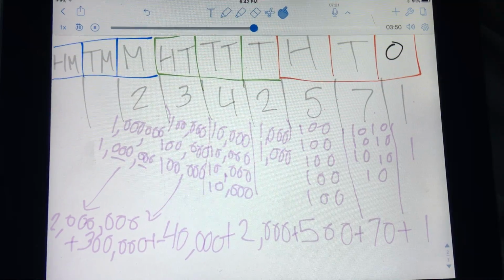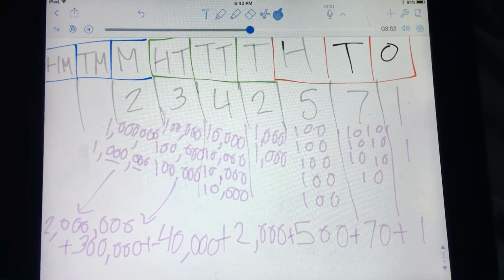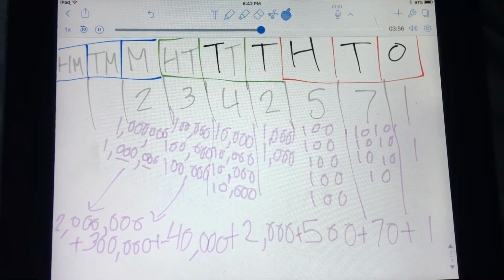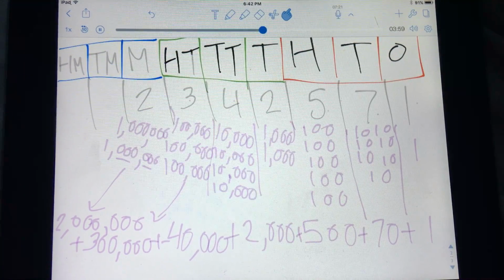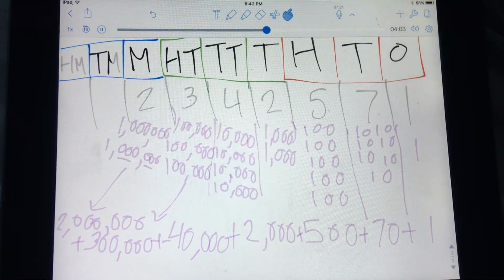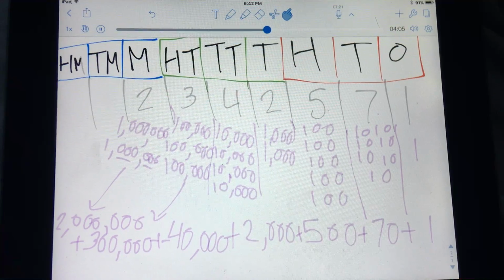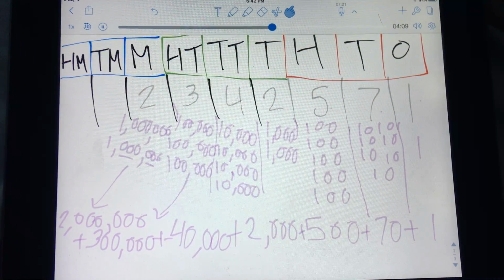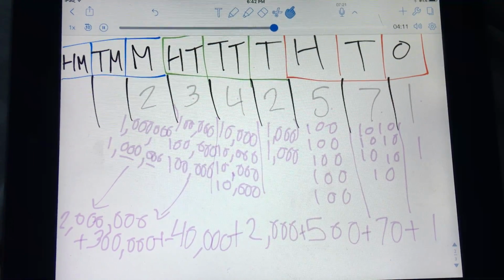This is just a tool to help you if you get stuck. So ones, tens, hundreds. 1,000, 10,000, 100,000. Remember that pattern? And then same pattern: million, 10 million, 100 million. All right, let's extend it down a little bit so I have somewhere to work.